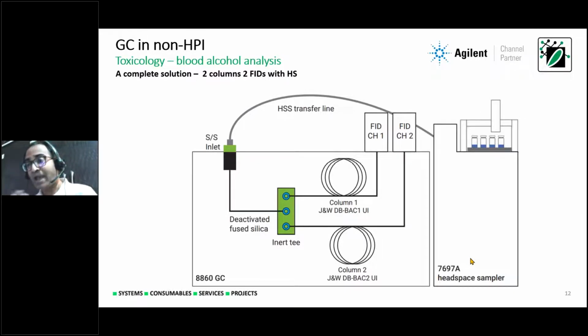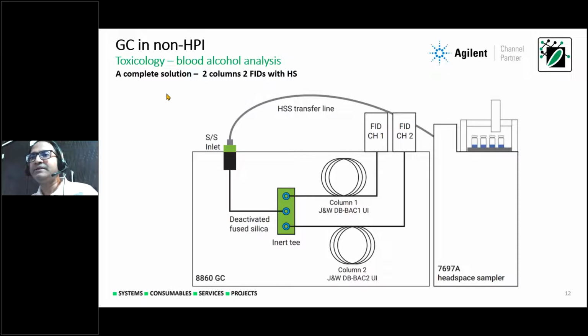It is the most recent headspace from Agilent, and the best part of that latest 8697A series headspace is that the headspace and GC don't require the hub for communication anymore. They are connected to each other directly without any hub, and so the communication is far better, and therefore the use is that much faster. So that headspace is available.